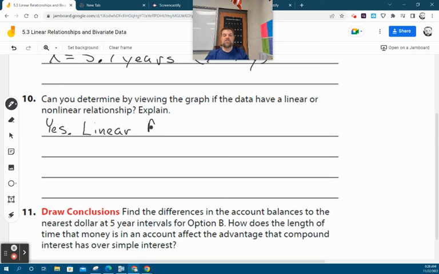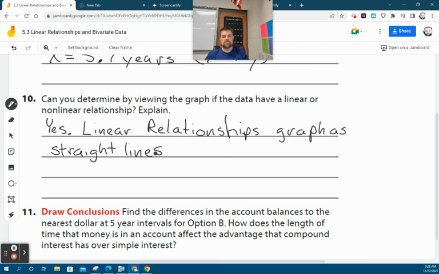Linear relationships graph as straight lines. And that's it.